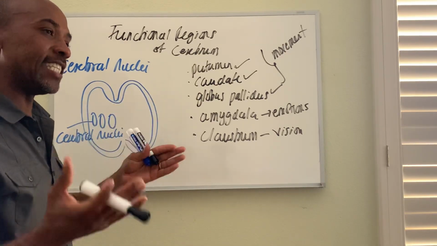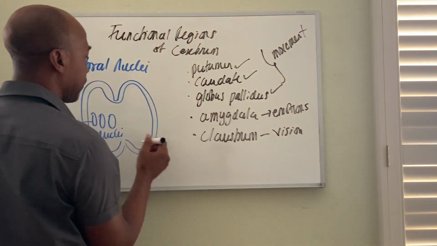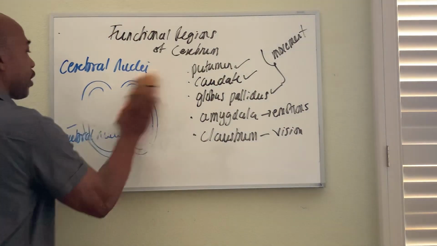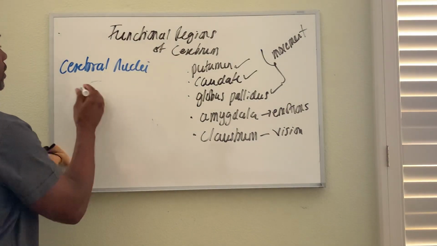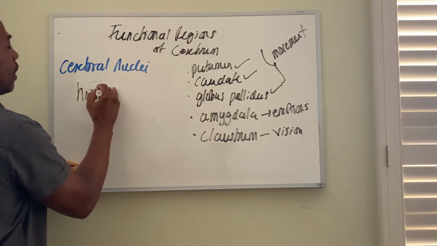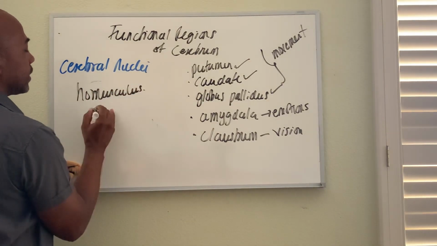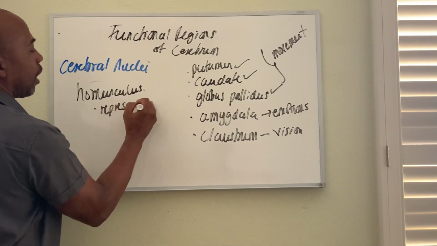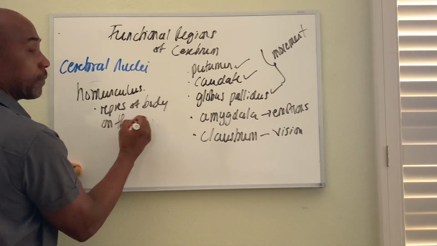Another idea I want to share is that the body is mapped into the brain. There's something called a homunculus. You may have to look in your PowerPoint to see what it looks like, I can't really draw that for you. The homunculus is the representation of the body on the brain.